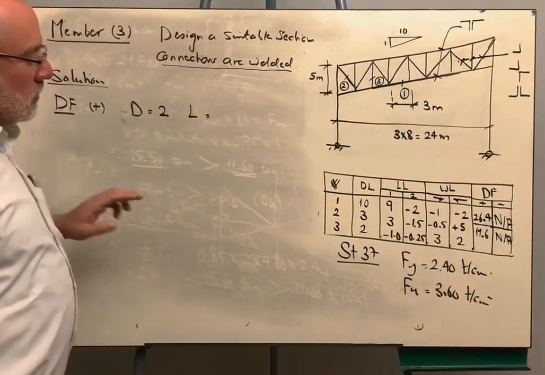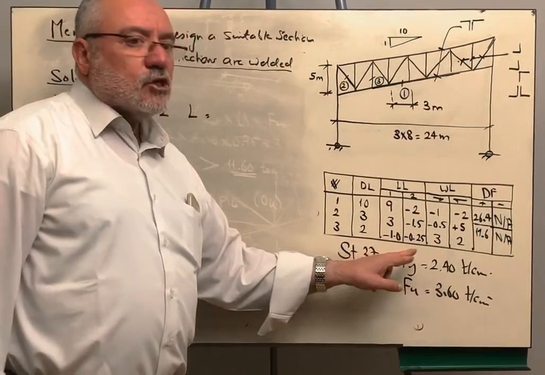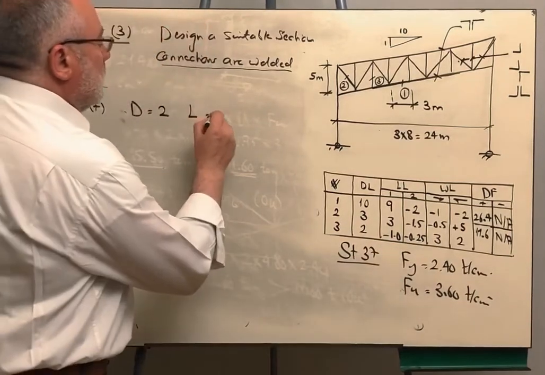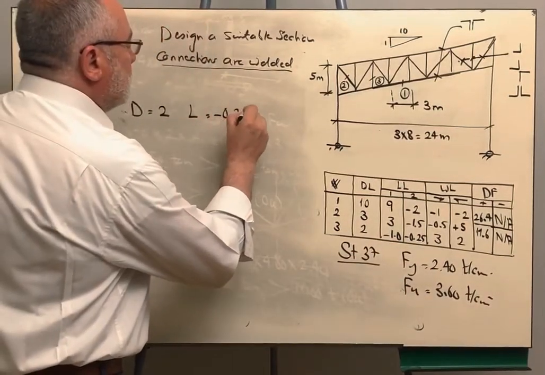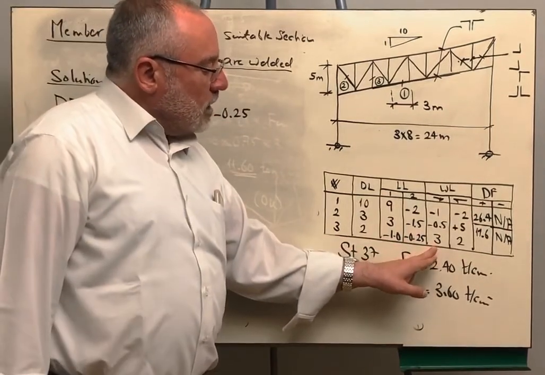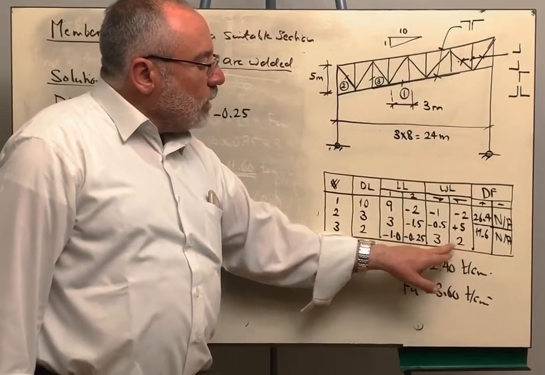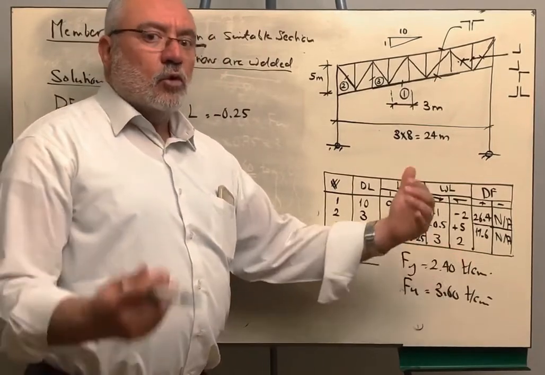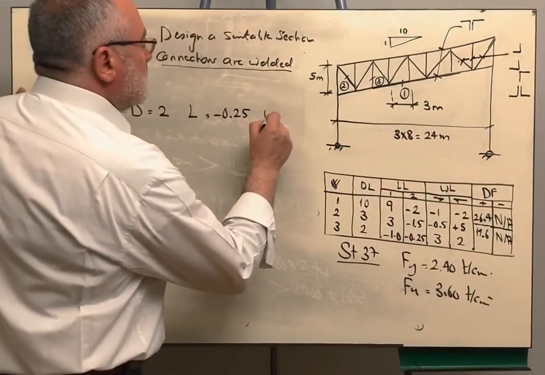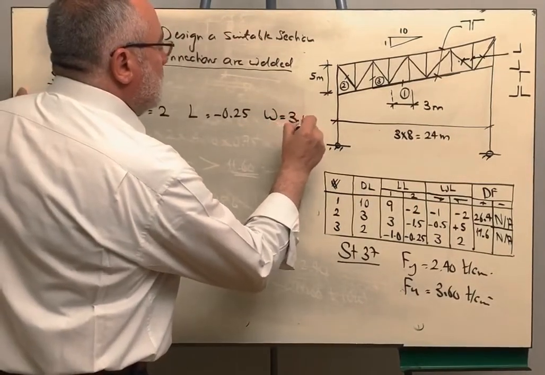The live load, since I'm searching for the maximum positive, I'm going to take the least negative, which is negative 0.25. And for the wind, either we take the wind left or the wind right, we cannot combine them together because the wind cannot blow from both sides at the same time. So the wind will be 3 tons.